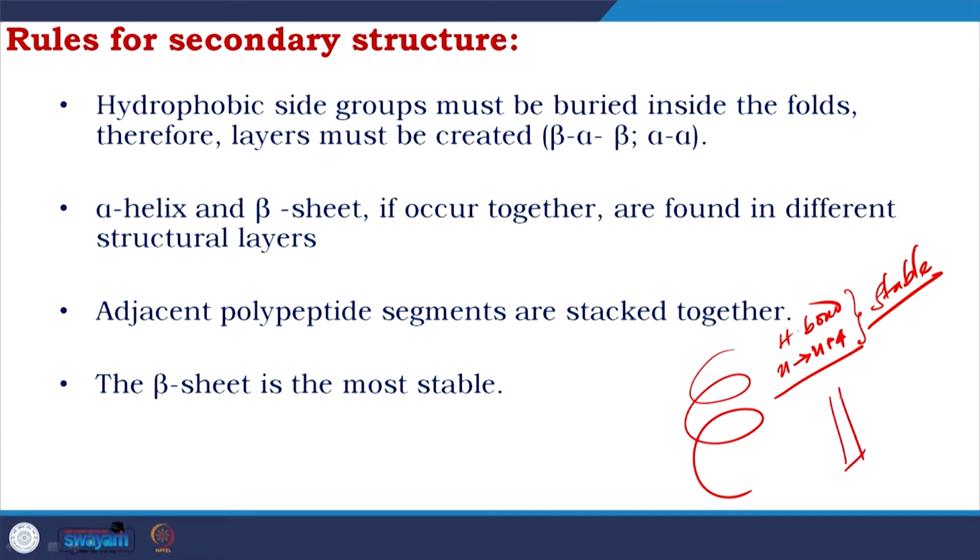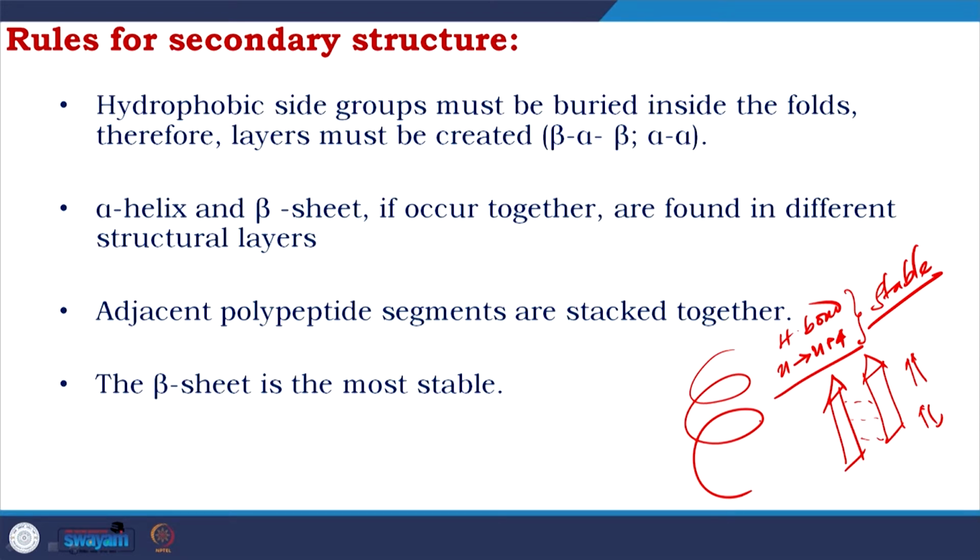Unfortunately, beta strands cannot stay independently, so they are together. Together they have hydrogen bonding, if they are parallel or anti-parallel.